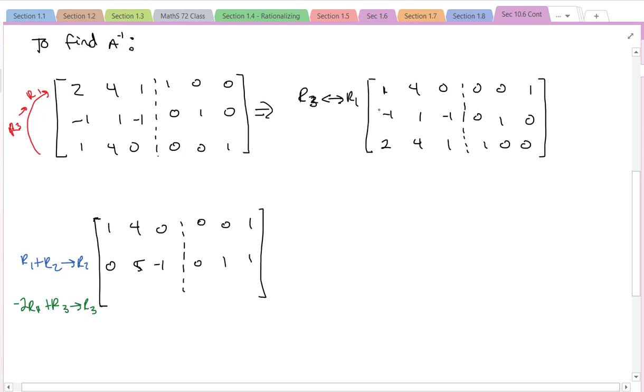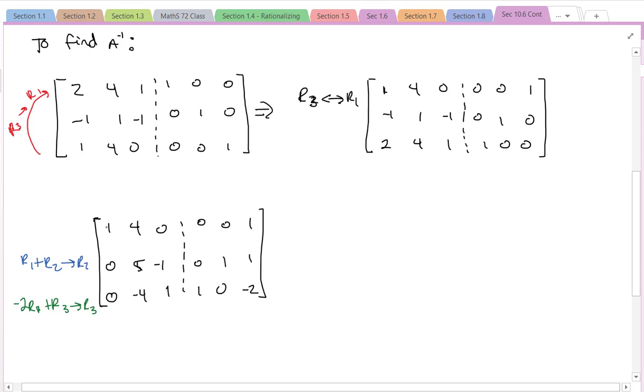So minus 2 plus 2 is 0, minus 8 plus 4 is negative 4, 0 plus 1 is 1, and then those are zeros, which is nice. So the bottom one stayed the same, so it'll be 1, 0, and now I'm doing this one, so it'll be minus 2 plus 0 is minus 2.